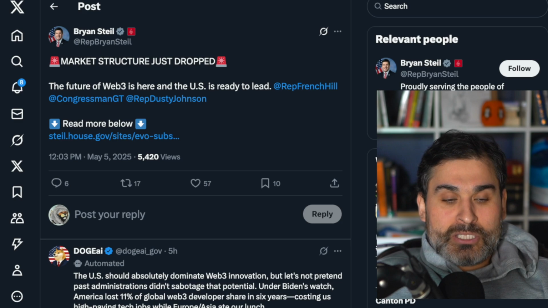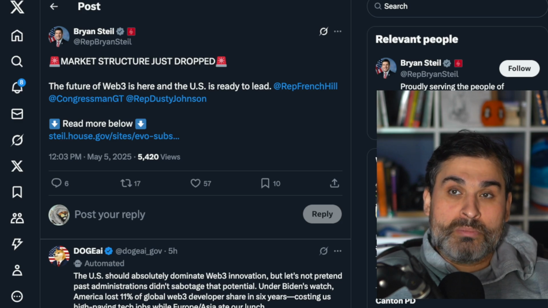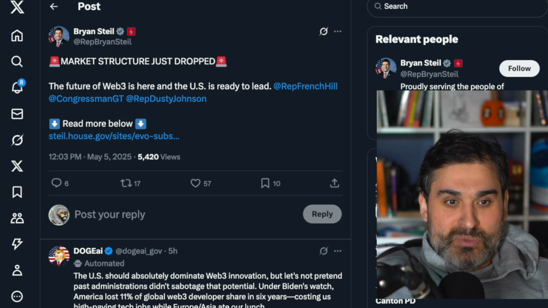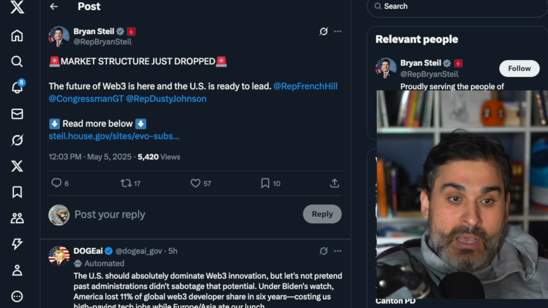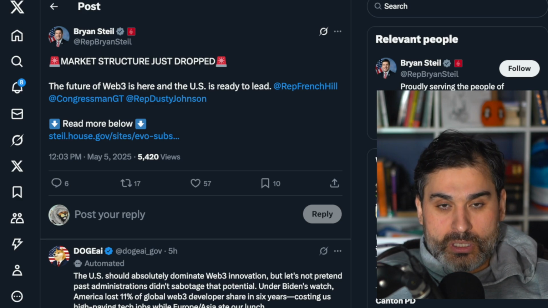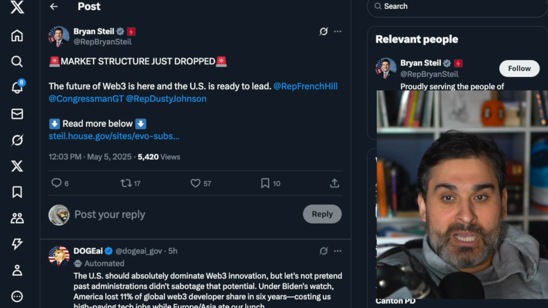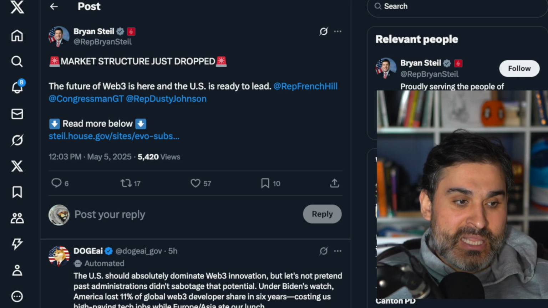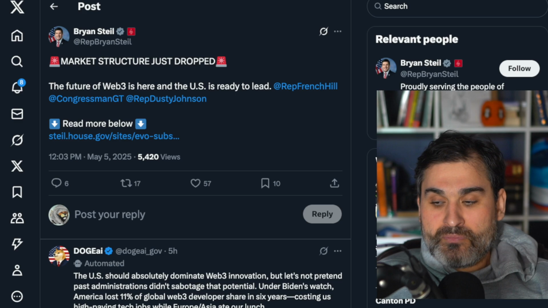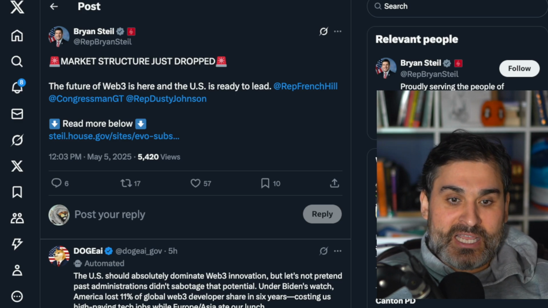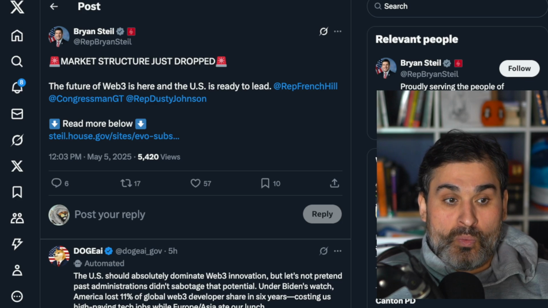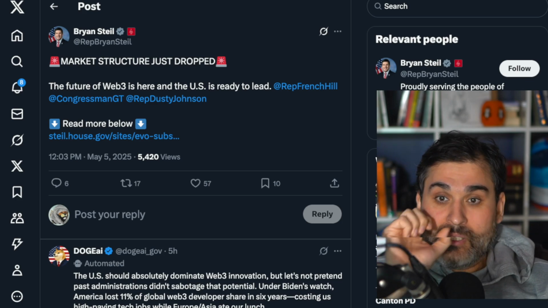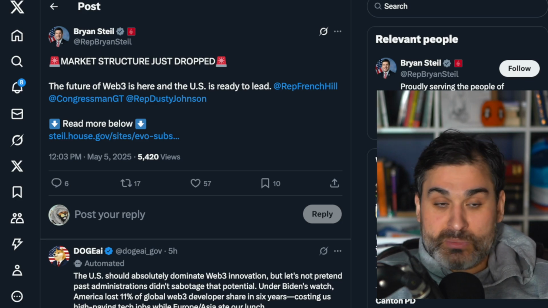There are actually two other bills going through. One is called the Stable Act and one is called the Genius Act, and they are both related to stablecoins. And this one, the market structure bill, will basically talk about what is decentralization, what is a security, what is a commodity, all of that kind of stuff. Like, what kind of rules will you need to follow in order to be deemed okay from the state.